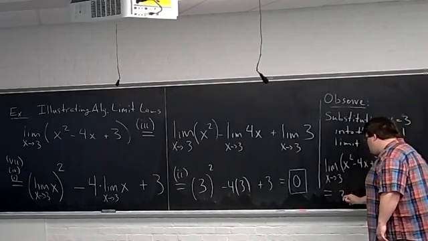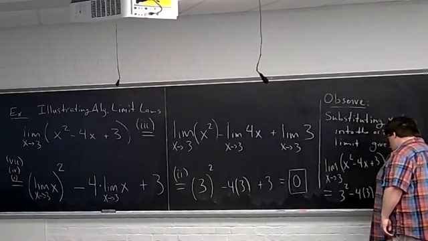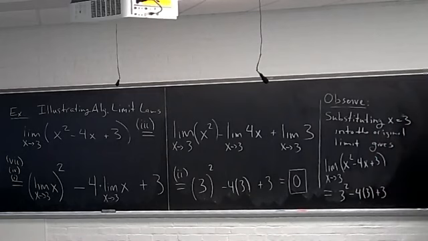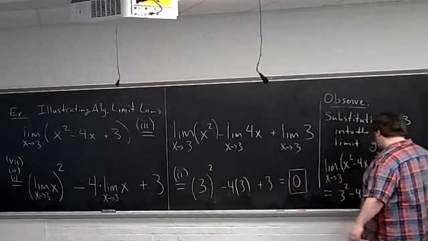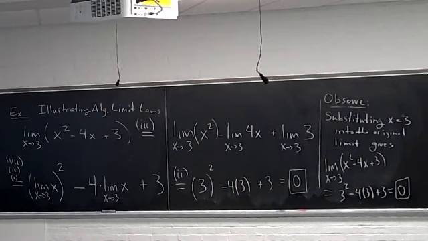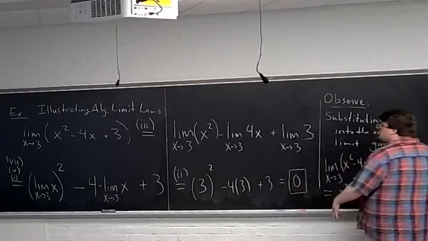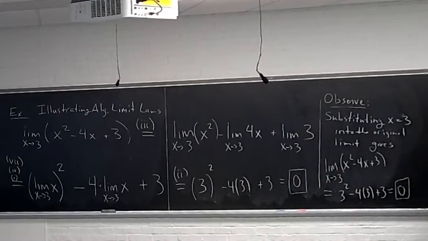You get 3 squared minus 4 times 3 plus 3, which is the same as the second to last line, equals 0. So these algebraic limit laws tell us that when we can make a substitution into an algebraic function, we can find the limit by making that substitution.